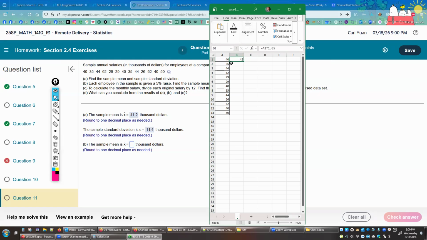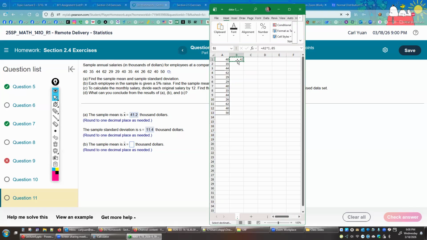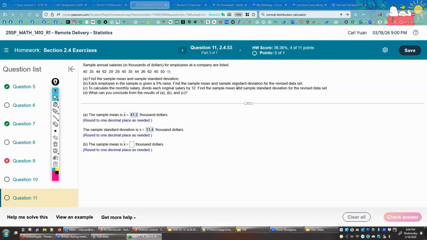Now, in Excel, one thing I can do is copy this operation down the column. In case you didn't see, I take this first box where I created a calculation, right click and copy. Now I'm going to highlight the rest of the column and paste the operation.